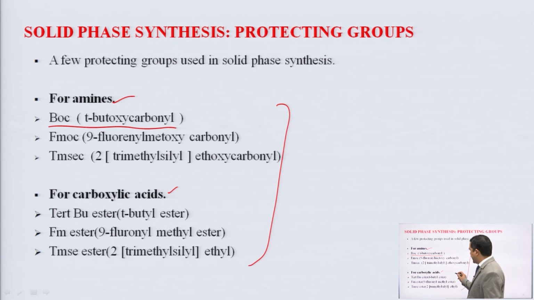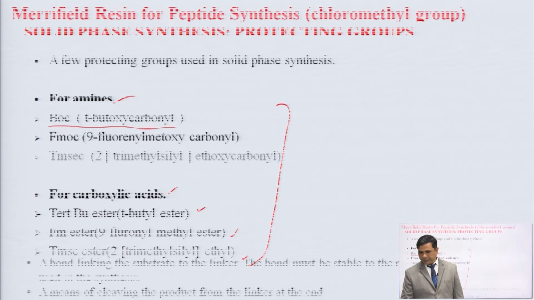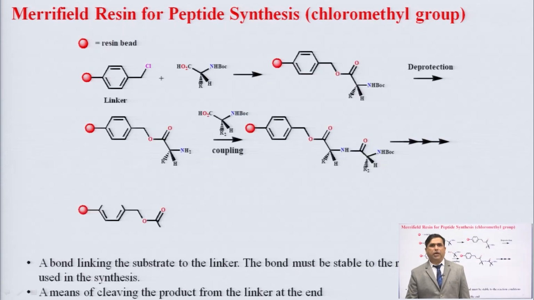For the carboxylic acid it is also different: tert-butyl ester, 9-fluorenylmethyl ester, 2-trimethylsilylethyl ester. Here is an example of the Merrifield resin for peptide synthesis.